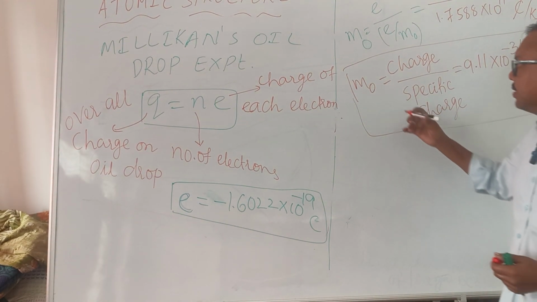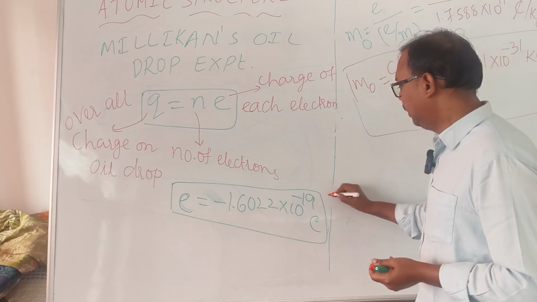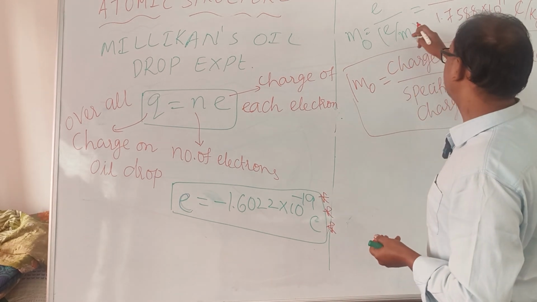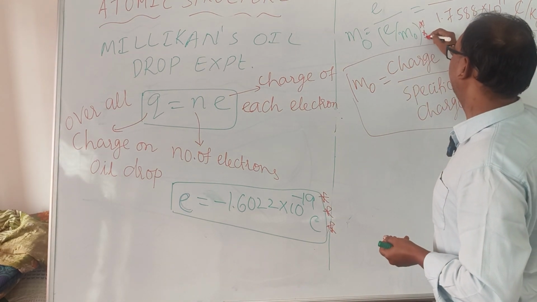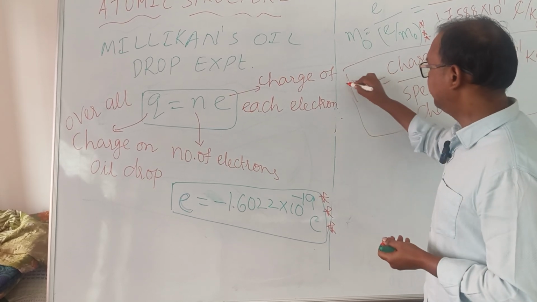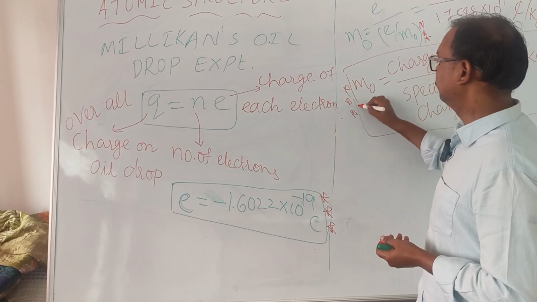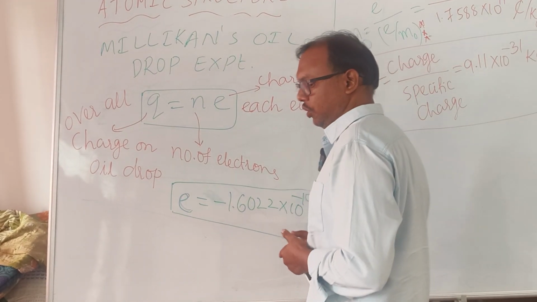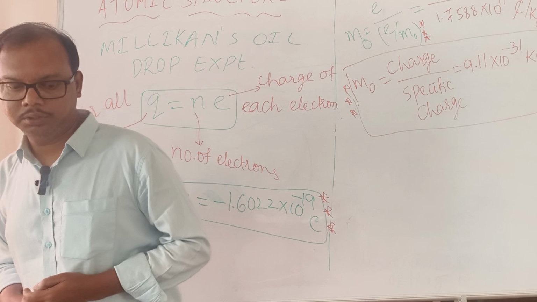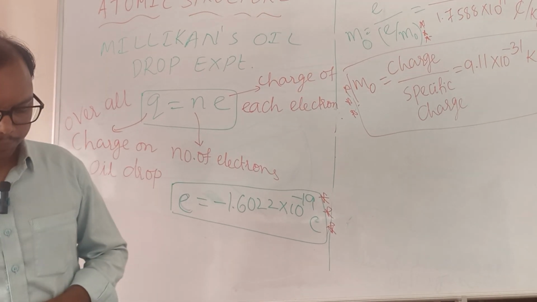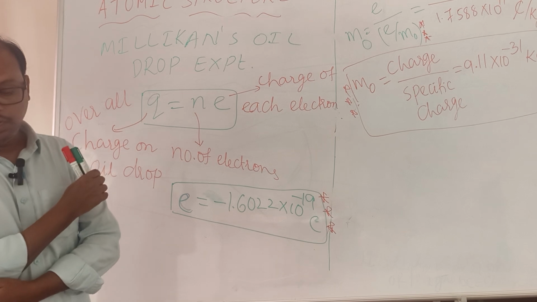It is always a fixed value. e by m is also a fixed value, and m naught is also a fixed value. Keep that in mind, all of you. This is the information about the electron.